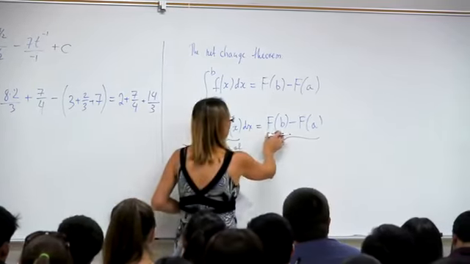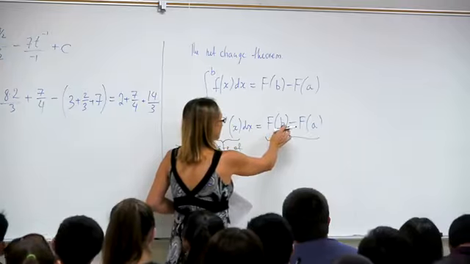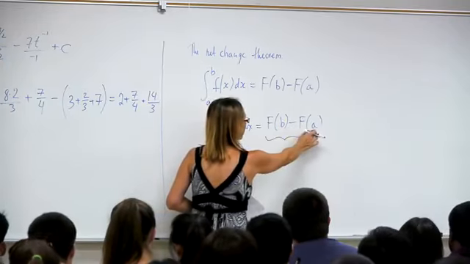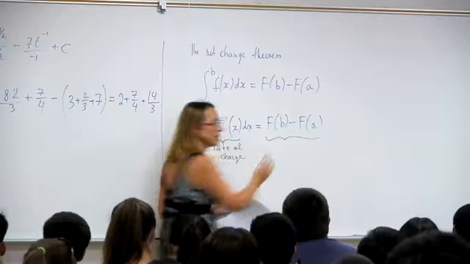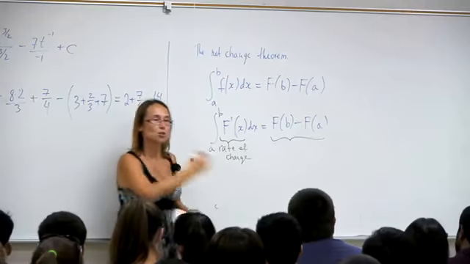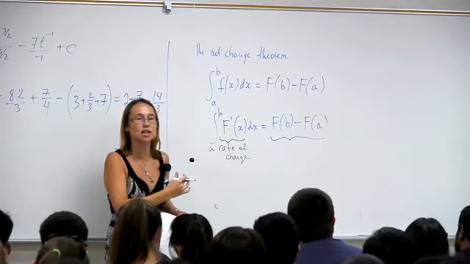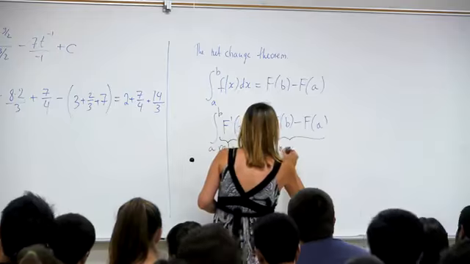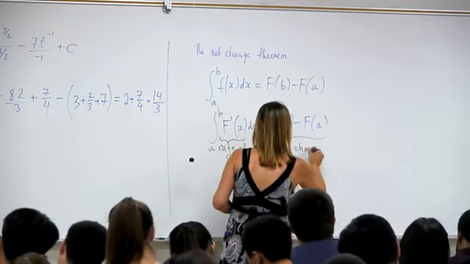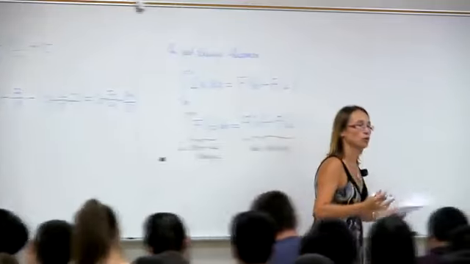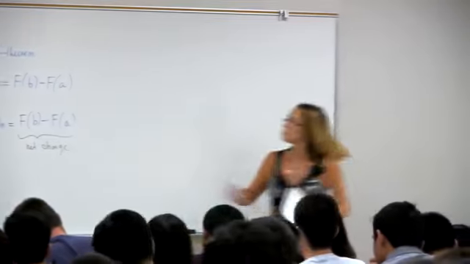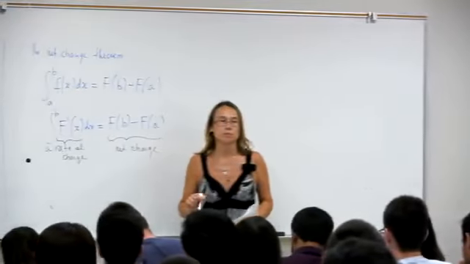For instance, the height of my child this summer minus the height of my child last summer tells me by how much my child grew. So this has the meaning of net change, or the total change that occurred to this physical quantity between time points a and b.